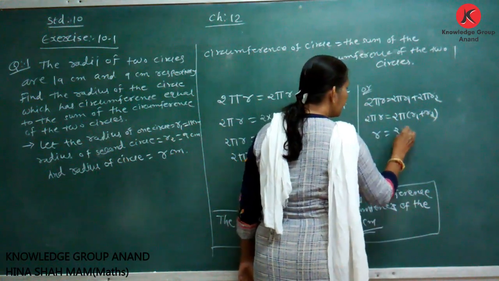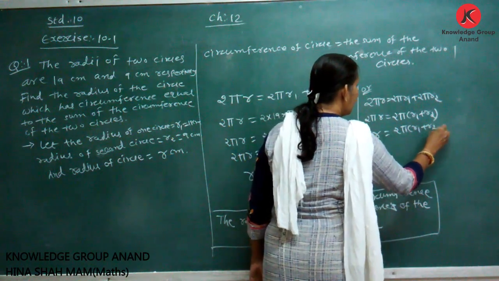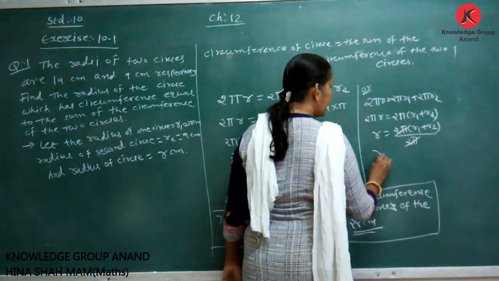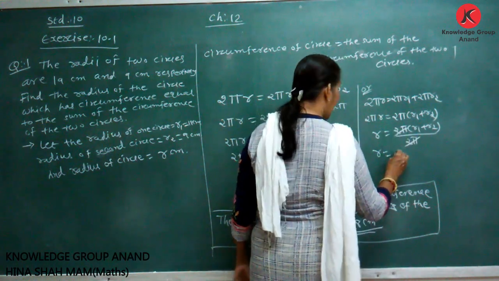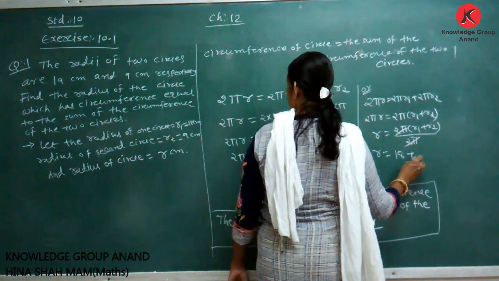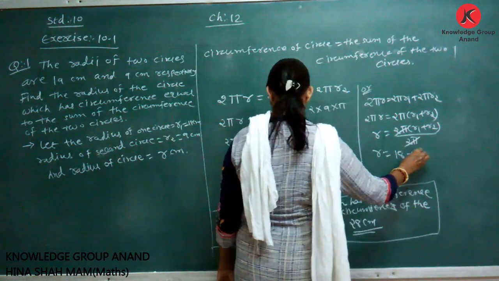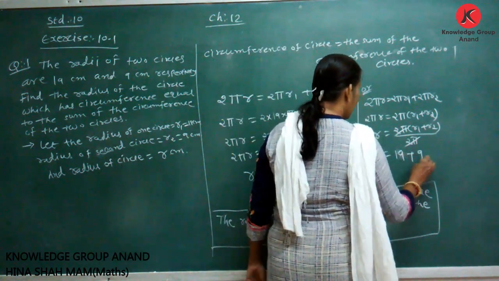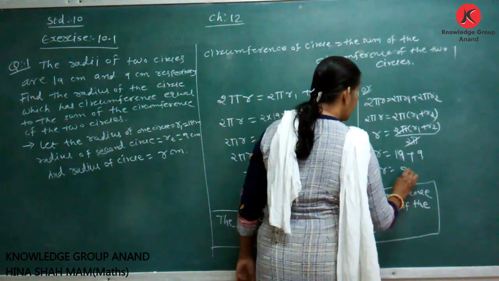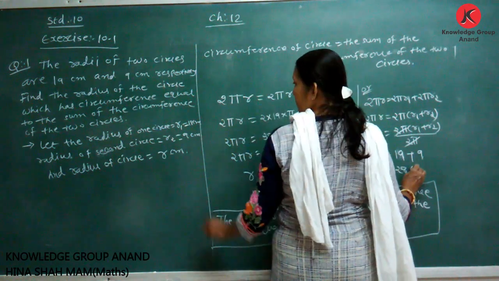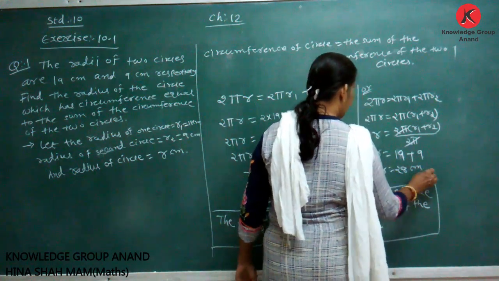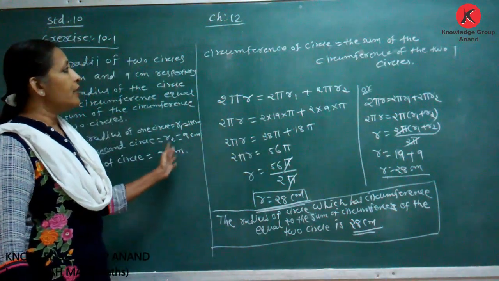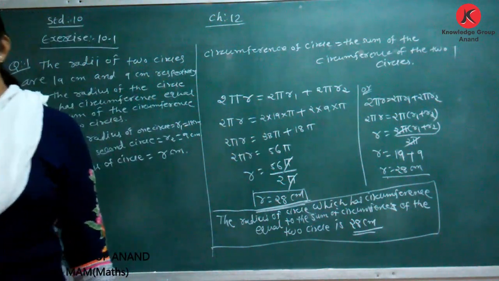Then r equals 2 pi r1 plus r2 upon 2 pi, and 2 pi cancels. R equals r1 plus r2, which is 19 plus 9. R equals 28 centimeter. You can calculate this sum like this, otherwise like this, as you like.